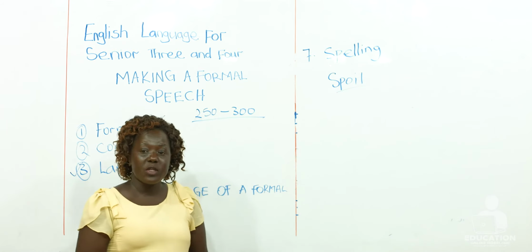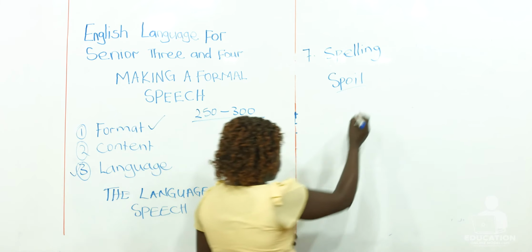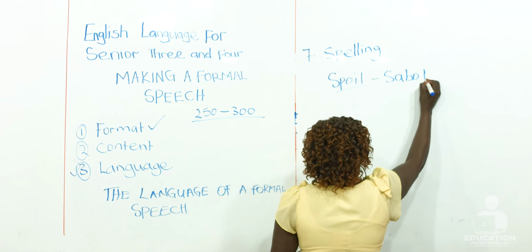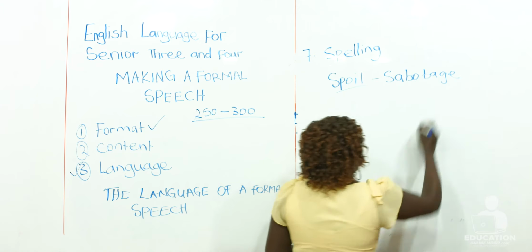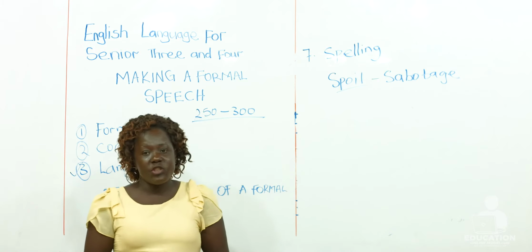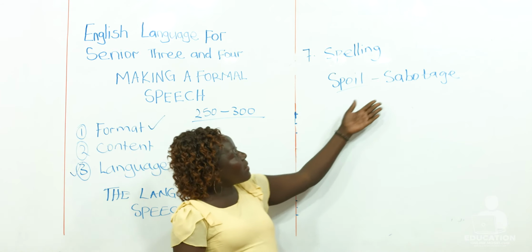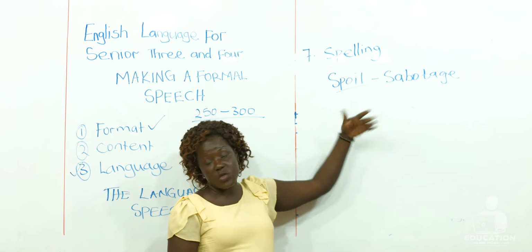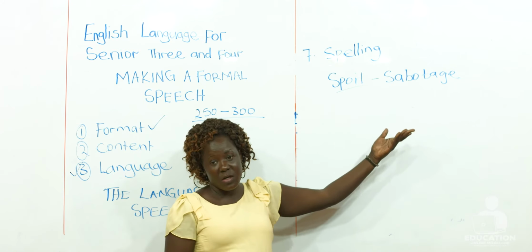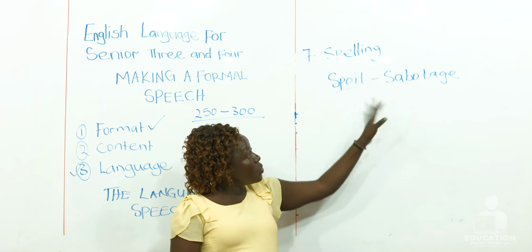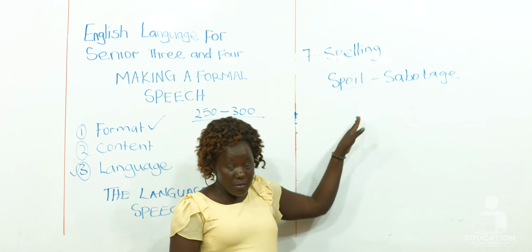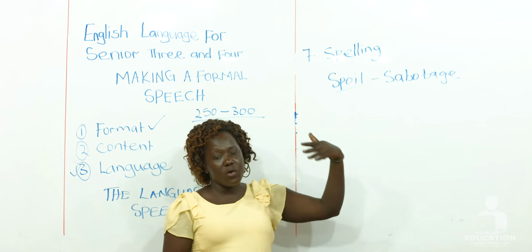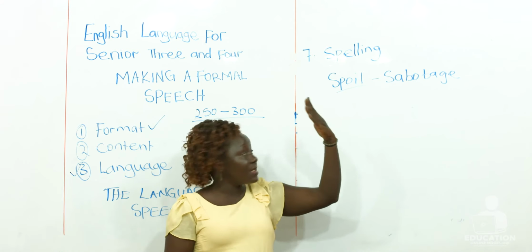But some of you will want to say to sabotage. Now, if you write the spelling of the word sabotage wrongly, which still means to spoil something or to distort, you would have distorted the meaning of the whole sentence.